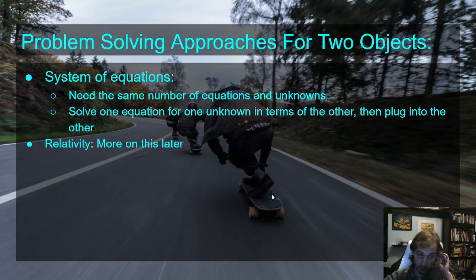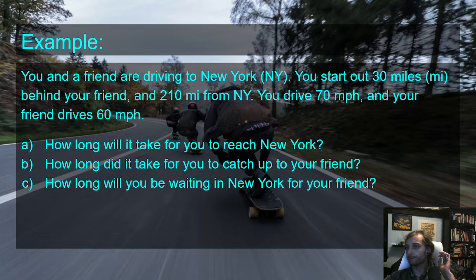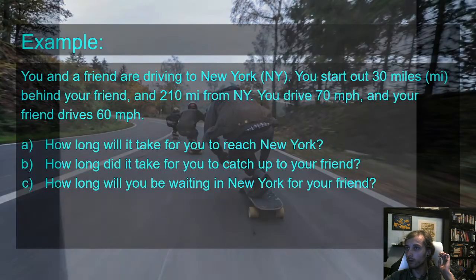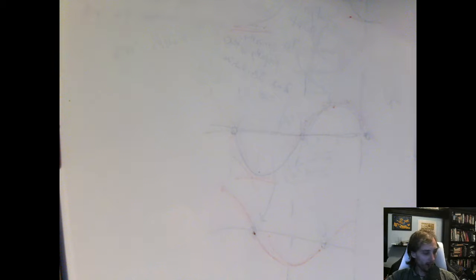So problem solving approaches. Oh, I do have to actually do it. All right. Actually, I should use a different sheet of paper so that I can scan it in. Stalling for time.